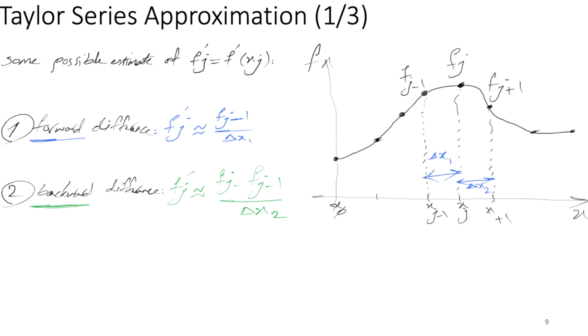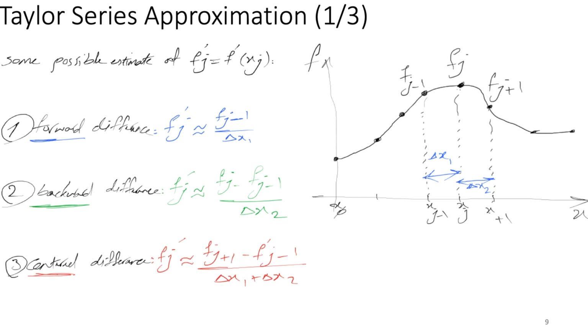Forward difference, backward difference, and center difference. The forward difference was pointing to the situation that you were here at f_{j-1}, and you wanted to go here. That's why you would have to calculate f_j prime, which was equal to f_j minus f_{j-1} divided by the distance from here to here, and that was delta x1.